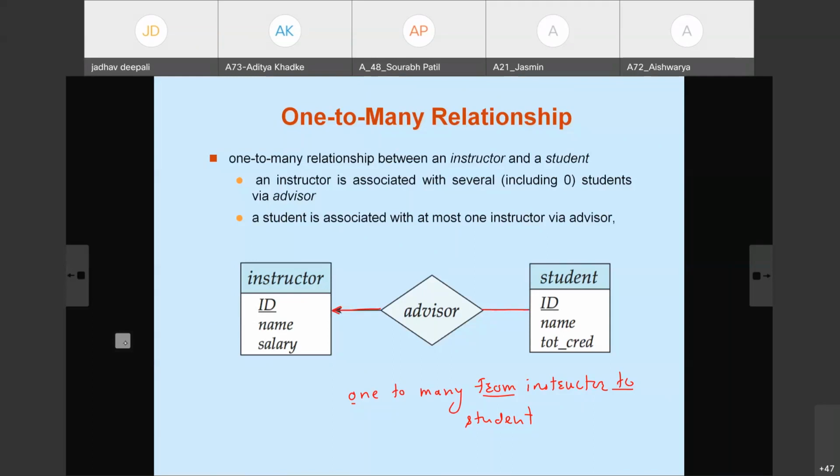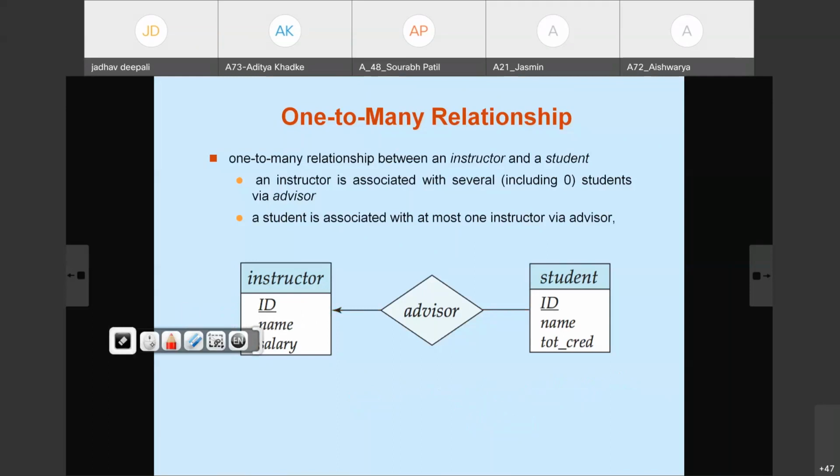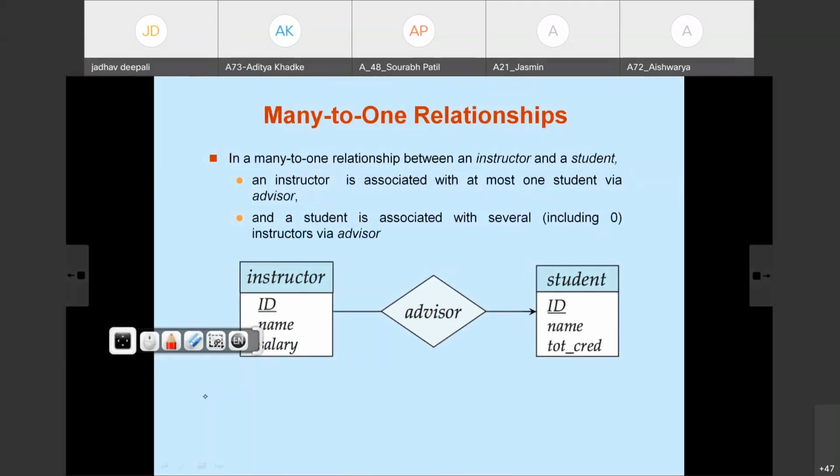In the same way, when it is many to one, it is the opposite.